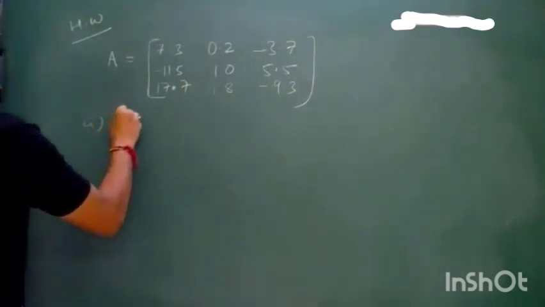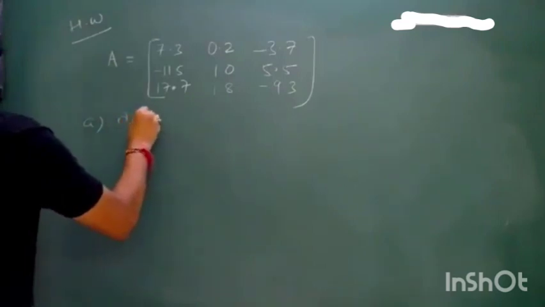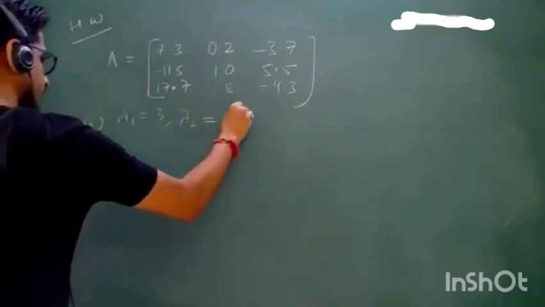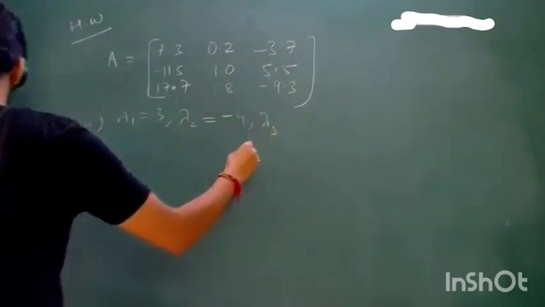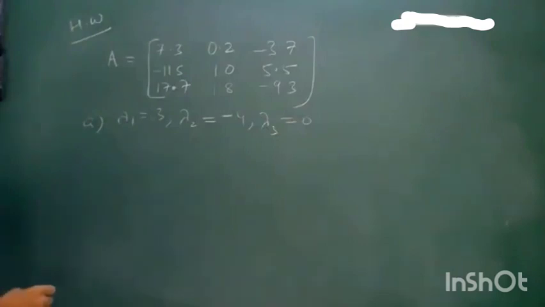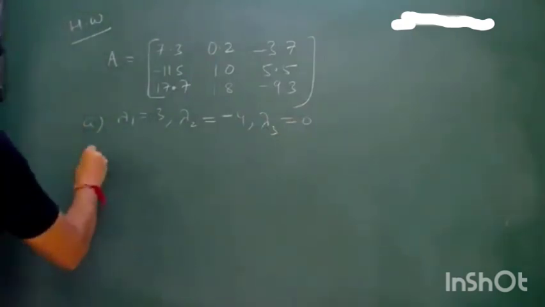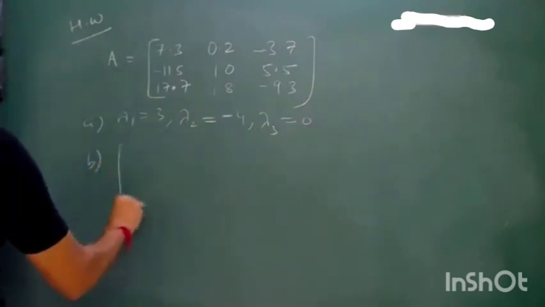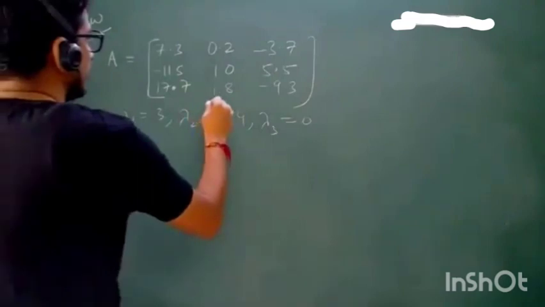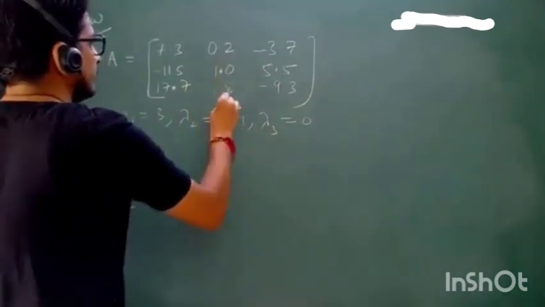So A, I am giving you the values of lambda 1, lambda 2 and lambda 3. These are the values, eigenvalues. So you will check each and every part, okay? And then B, the eigenvectors. सेकेंड रो में 10 और 18 लिखा है ना कि 1.0 लिखा है. 10 and... अच्छा सॉरी.